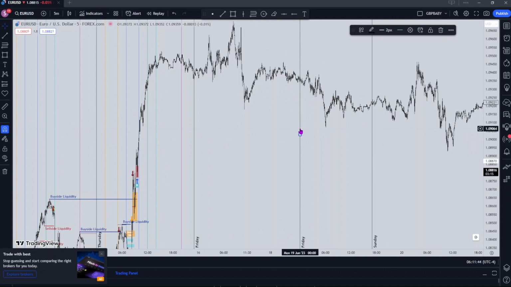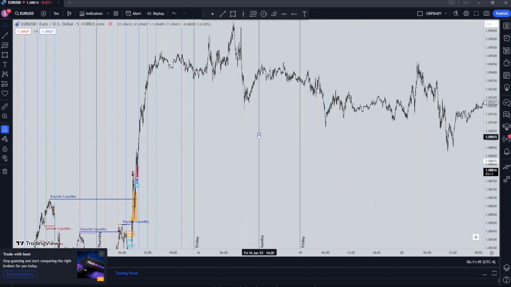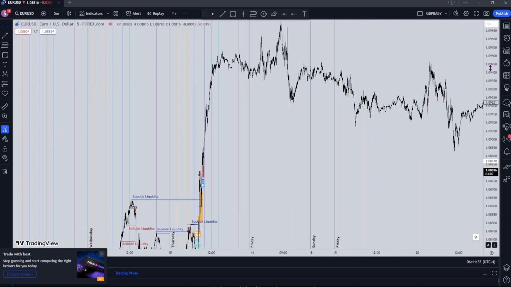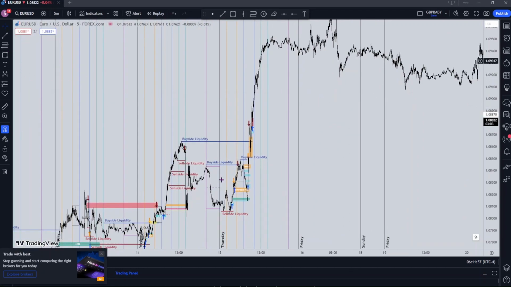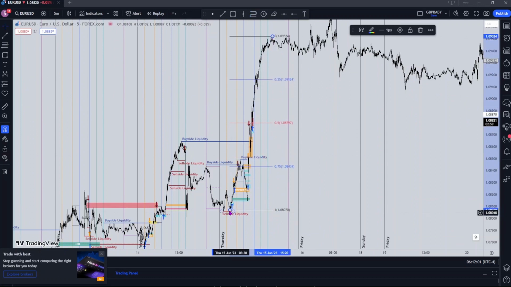But ICT has said something about the retracement being 20-30% of the Friday's range. So let's have a look at that actually. Let's see if that statistic is verifiable.